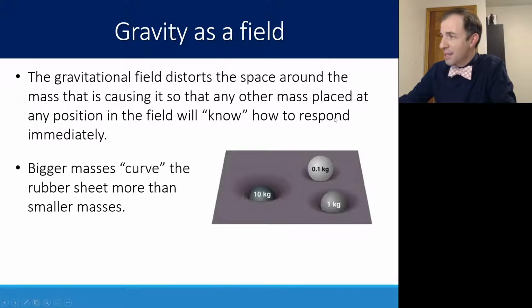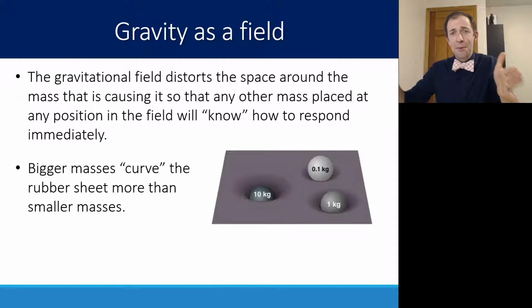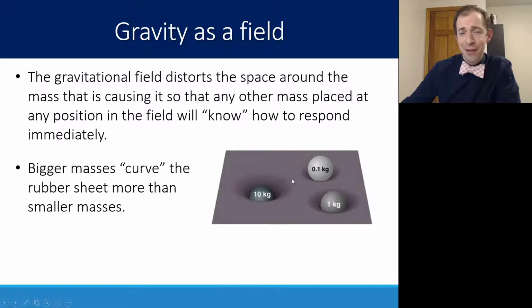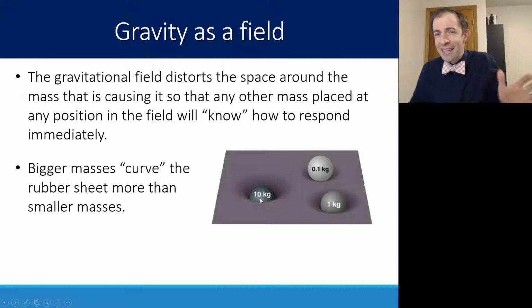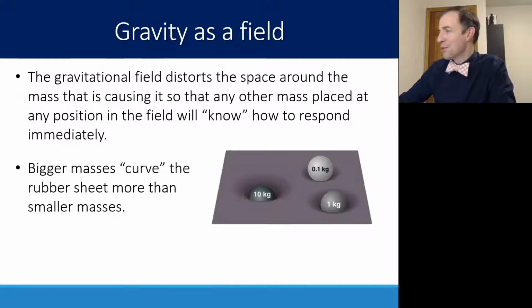And there are spots here that are kind of these equilibrium spots that you could find a spot that was like right in the middle, not necessarily equidistant to each of them, but in a spot that it isn't attracted to one over the other. Here, if I put something right in the middle of this 0.1 kilogram and this 10 kilogram, well, the larger field is the 10 kilograms, so it's going to experience a force towards there. It's not balanced out. We'll see that a little bit more with numbers in just a minute.